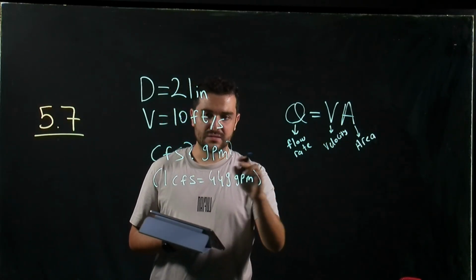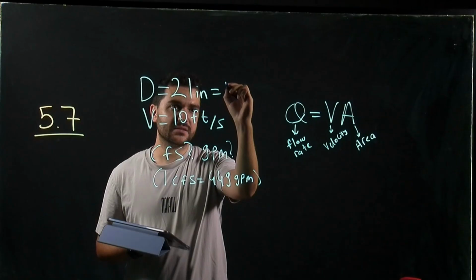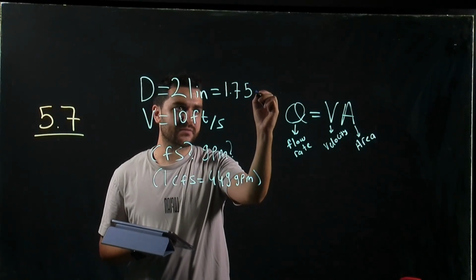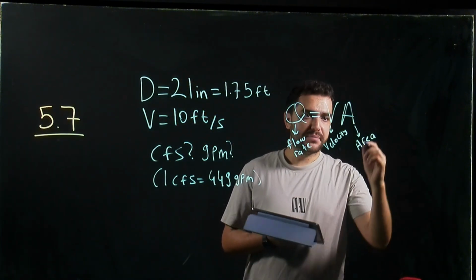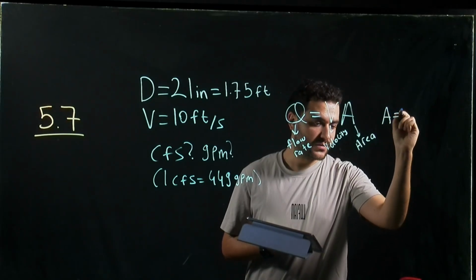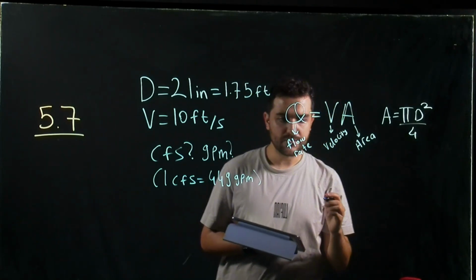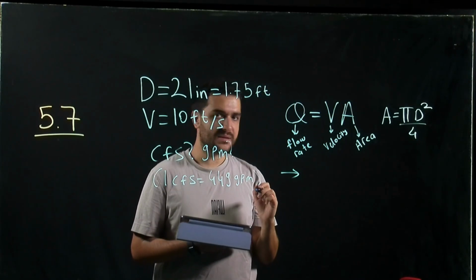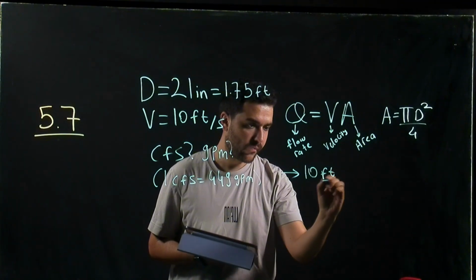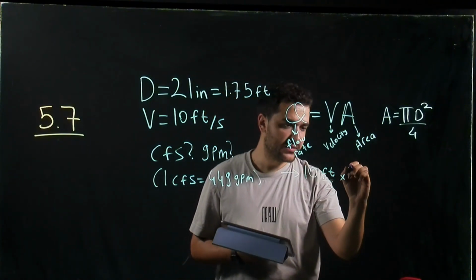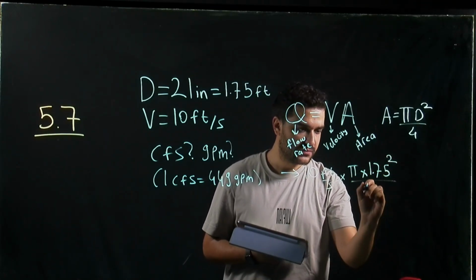Since velocity is given in feet per second, we can also convert the diameter from inch to feet, so it will be 1.75 feet. Since this is a circular pipe, the area will be pi d square over 4. Substituting all these values, we have 10, which is velocity, times area, pi 1.75 square over 4.